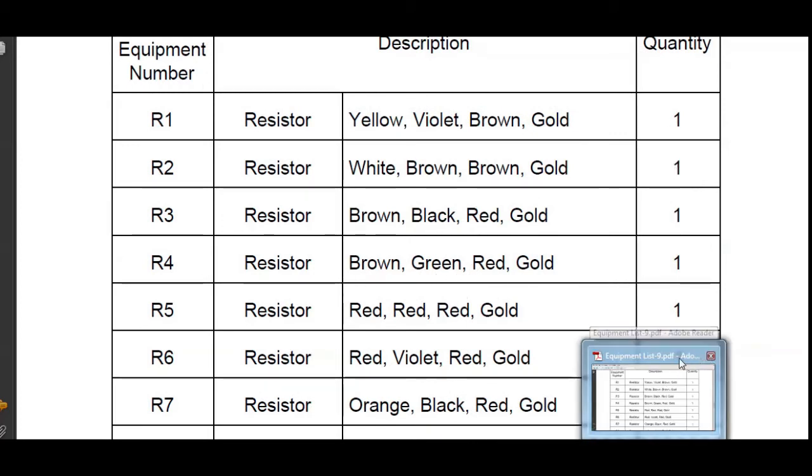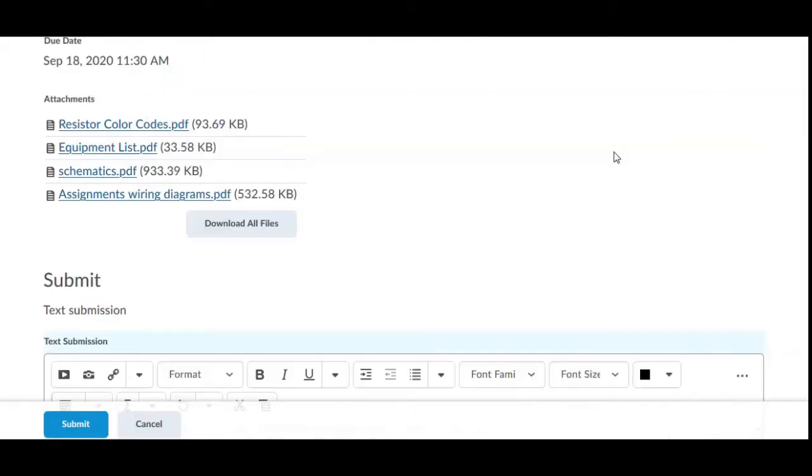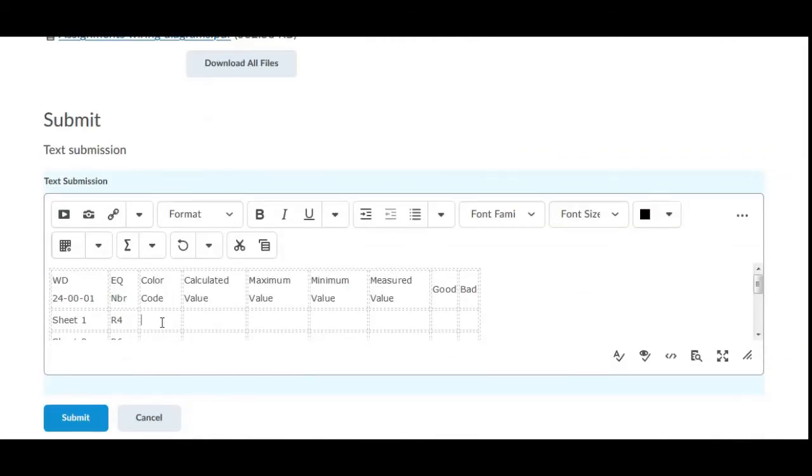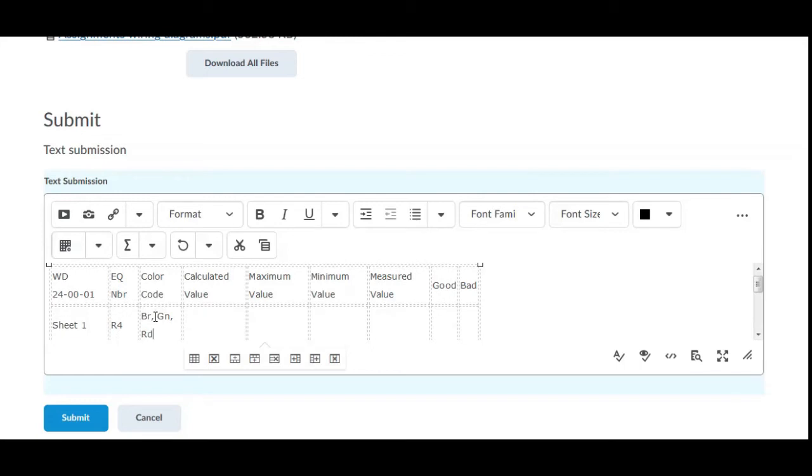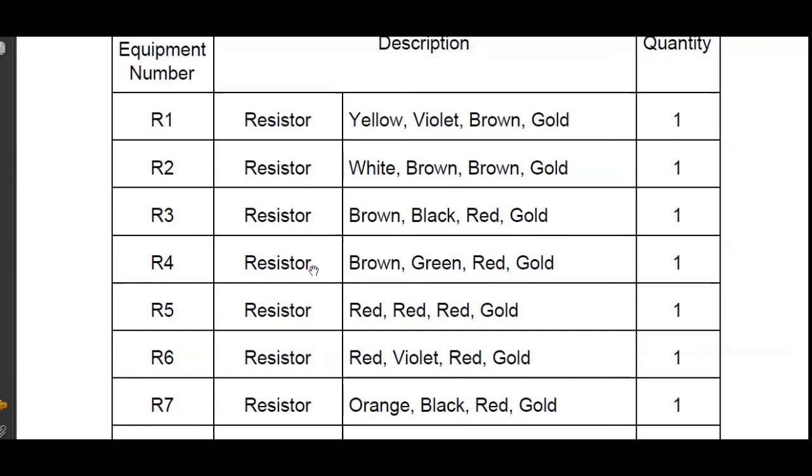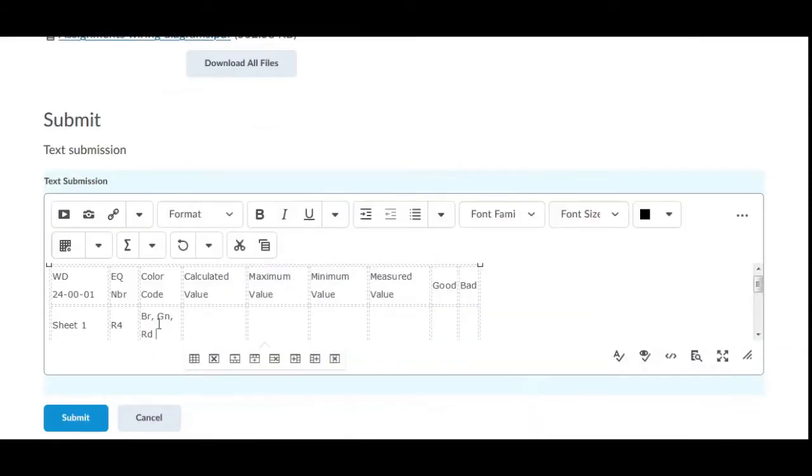Let me shrink up my equipment list. You could even put BR for brown, comma, GR or GN for green. Let me open up my equipment list again to confirm it: brown, green, red, gold. So I've entered BR for brown, GN for green, RD for red.